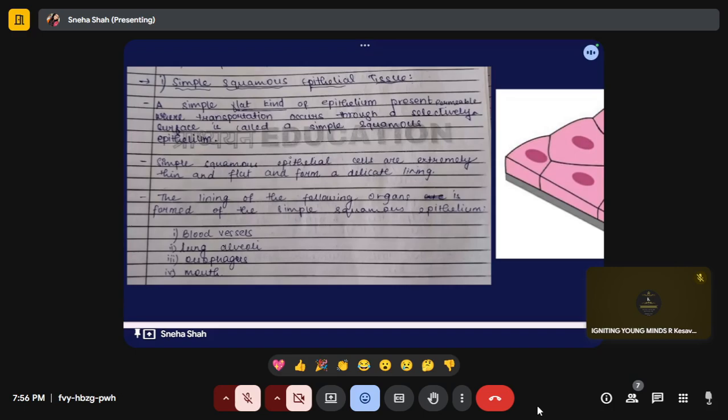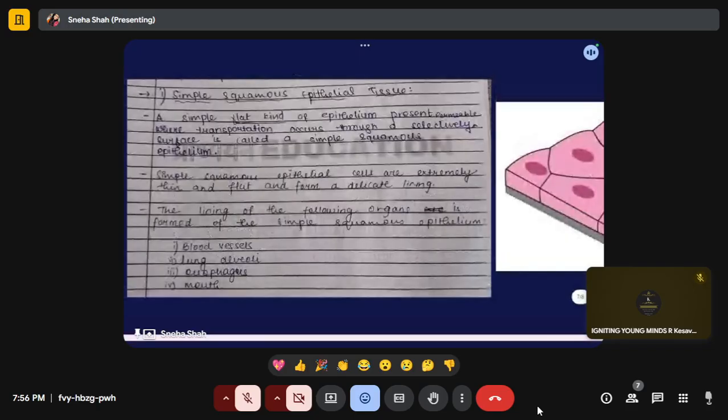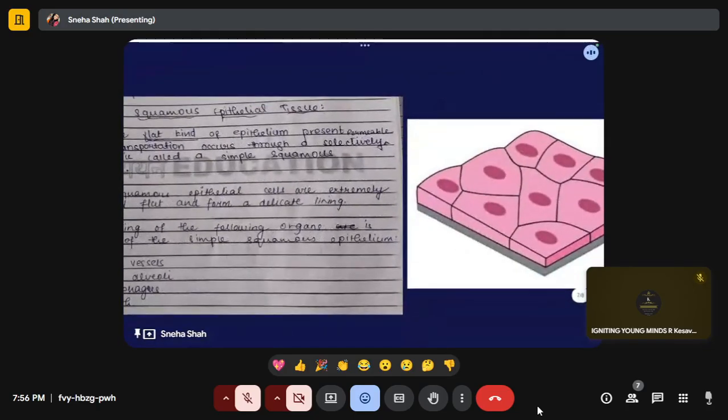So basically, simple squamous tissue is needed in the mouth to allow easy release of saliva. Is this clear? Does anyone have any doubt?